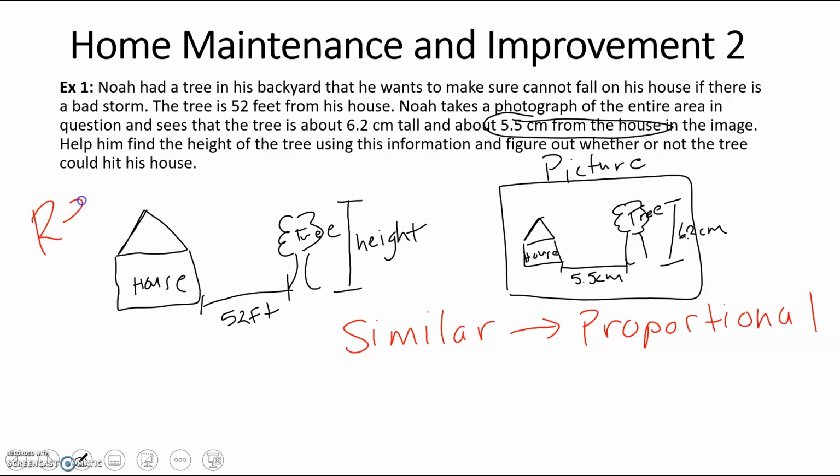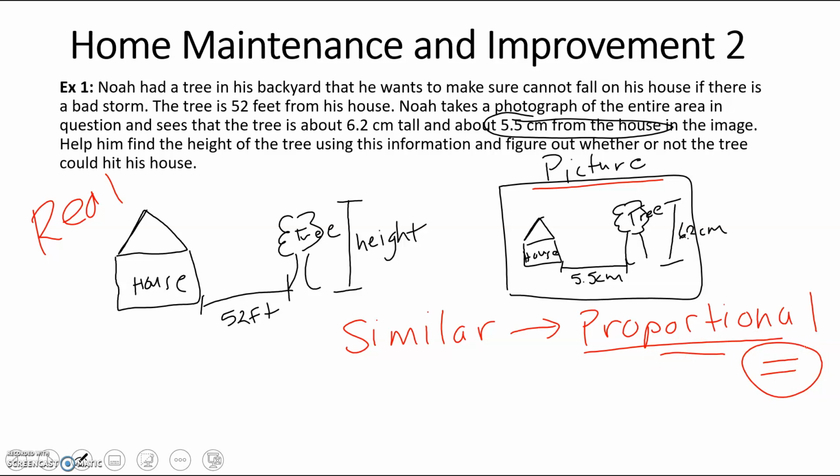So we have our real thing, we have our picture, and we're going to create ratios between the height of the tree and the distance from the house in real life, and a ratio from the height of the tree and the distance for the picture. And because these are similar, they should be proportional or equal.